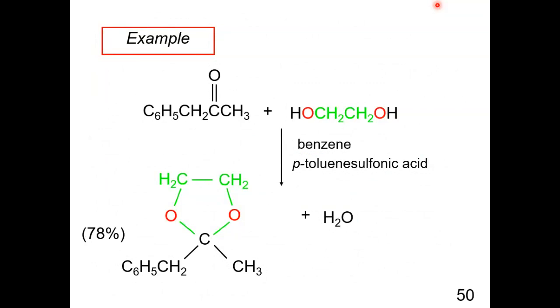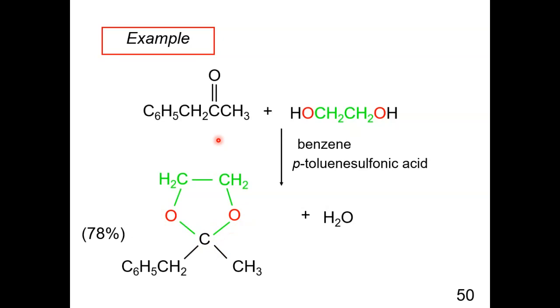So how do you form a cyclic ketal or acetal? Instead of using a regular alcohol, we can use a diol. Like here, we are using ethylene glycol, a diol. We can form a 5-membered ring. The 5-membered ring includes the 2 carbons in the diol, the 2 oxygens in the diol, and the carbonyl carbon.